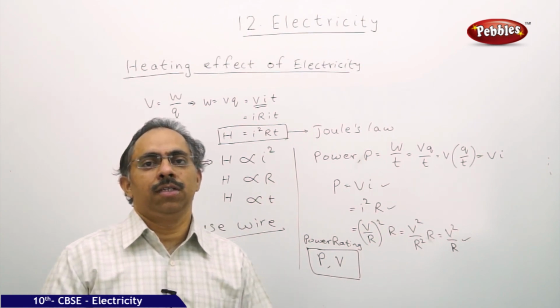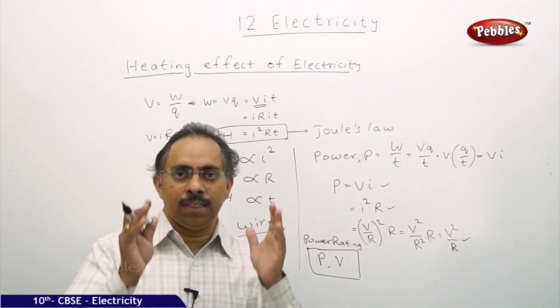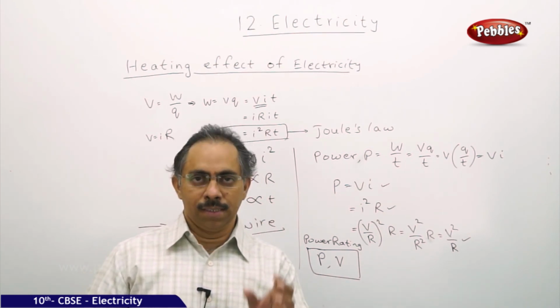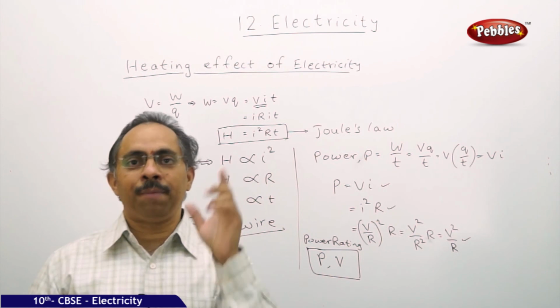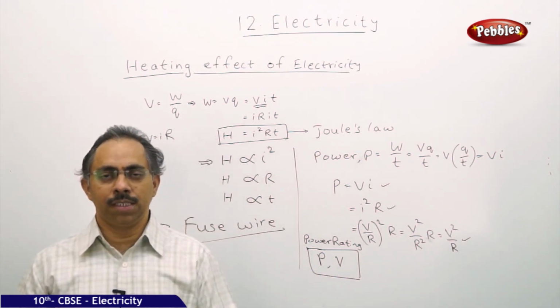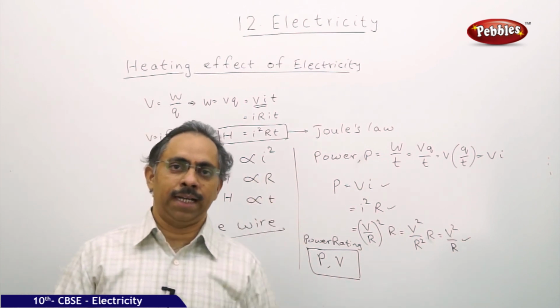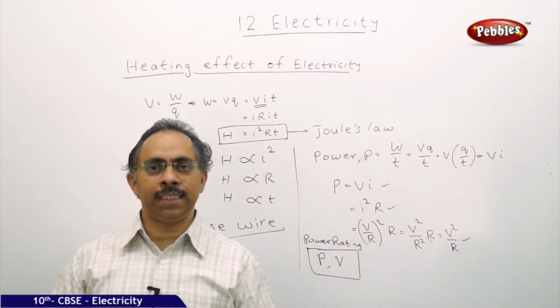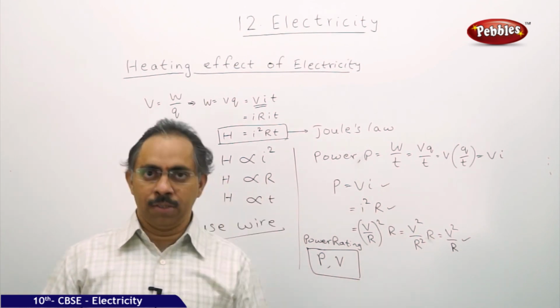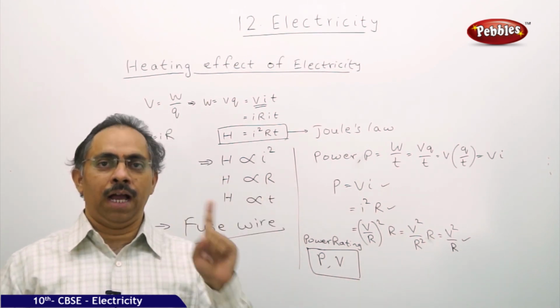When you use that as a unit, it is called a commercial unit, because it is used for billing purposes. This commercial unit is nothing but 1 kilowatt hour.